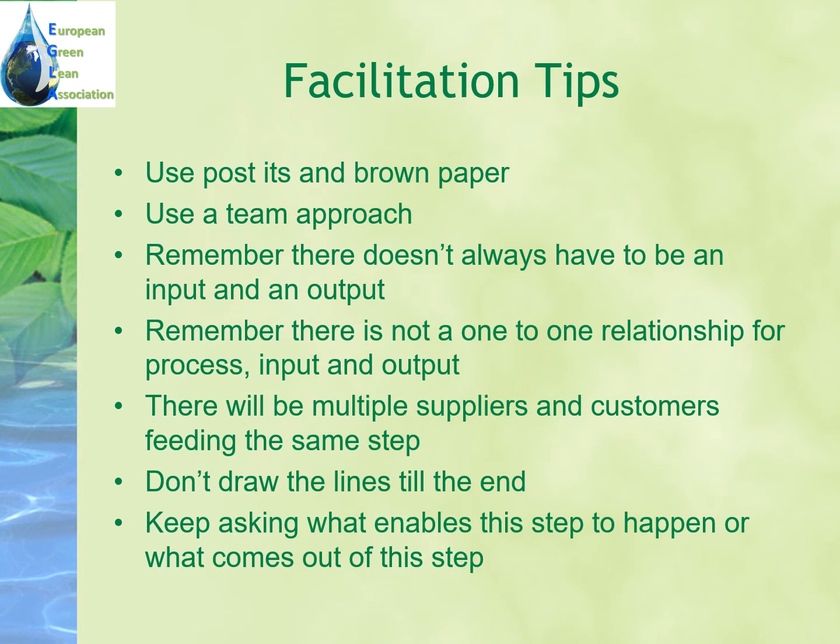There might be areas where you don't see any connection. There will be multiple suppliers and customers feeding the same steps and getting fed by the same step. And don't draw the lines till the end. That is because you will most probably change the post-its and even their positions when you're really thinking through the whole process. And keep asking what enables these steps to happen or what comes out of this step.